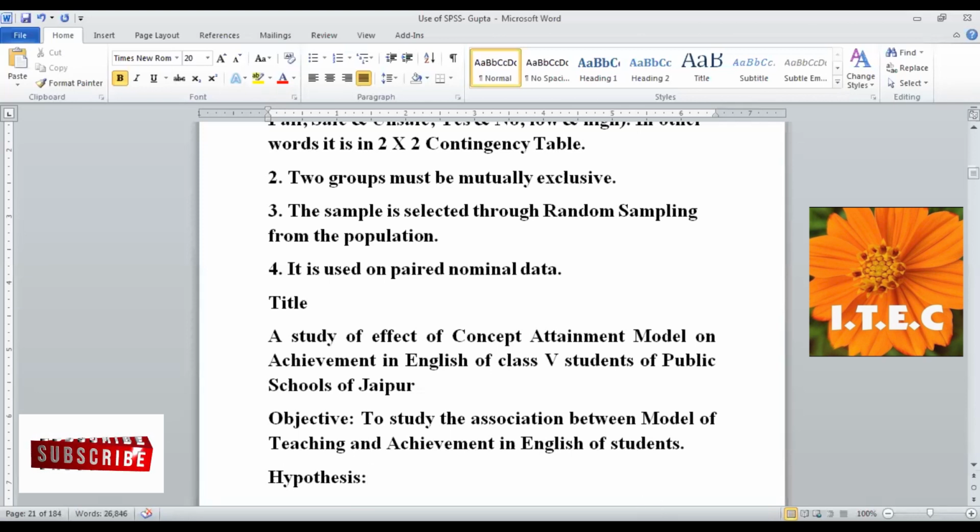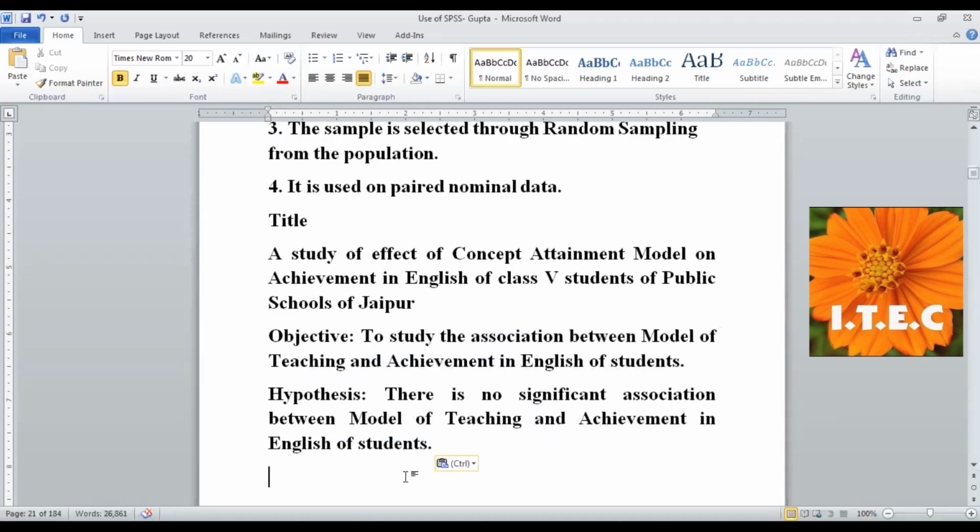And the hypothesis is there is no significant association between models of teaching and achievement in English.